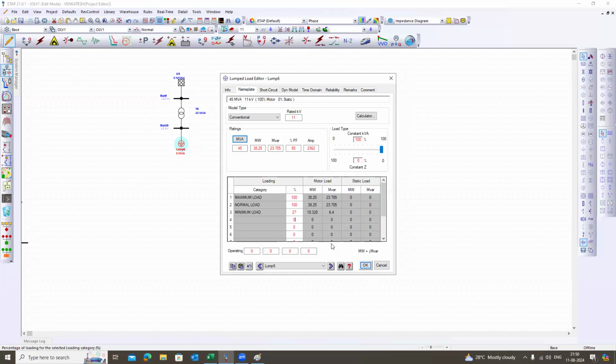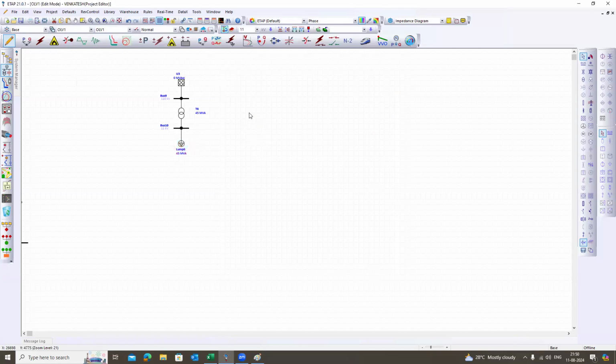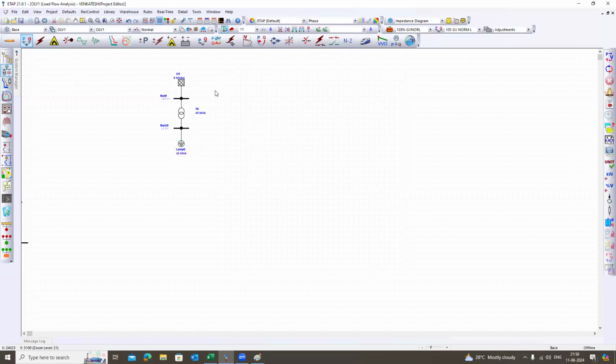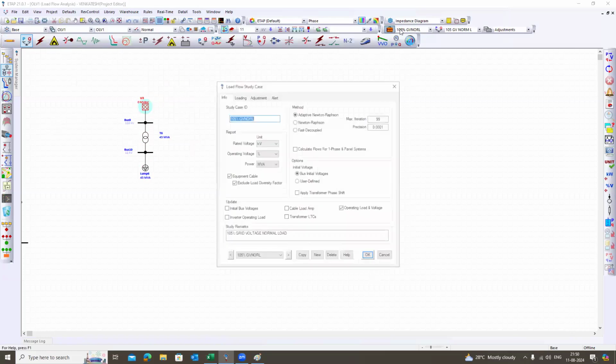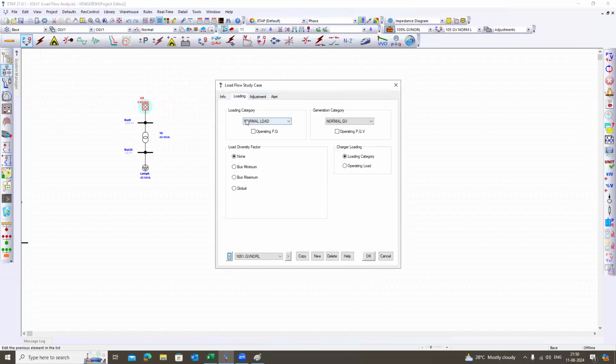Now, before performing the load flow, we will take another scenario also. One is the normal load and maximum load. First let me take the minimum load and the maximum grid voltage here.